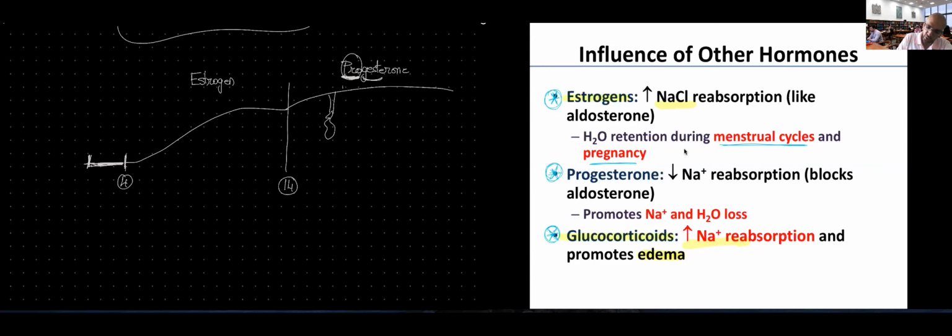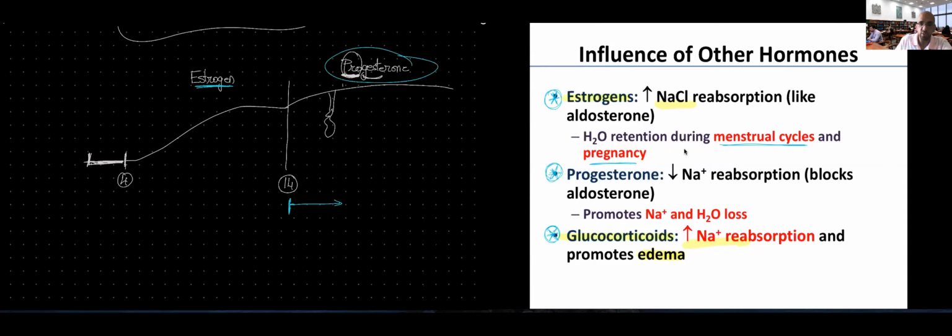So some females under the effect of estrogen in the first half will experience some degree of edema, swelling in their foot. And this edema goes away whenever they start to release progesterone. Why? Because progesterone is going to be reducing the sodium reabsorption.